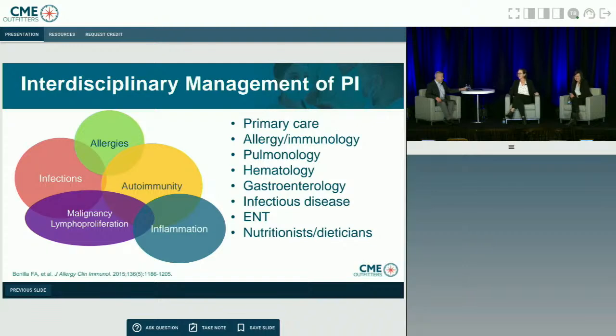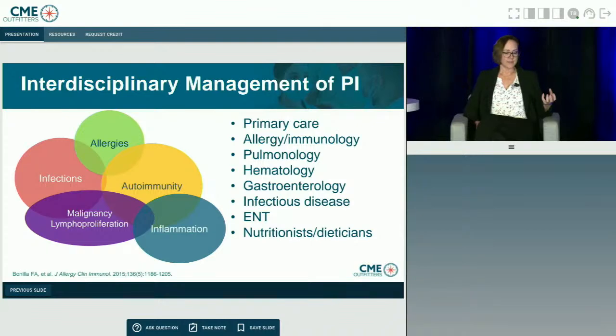Interdisciplinary management of primary immunodeficiency is key because, like I mentioned before, in 25% of cases, patients are already presenting with another diagnosis other than just their immunodeficiency. So primary care has to be a center to this. Allergy immunology, pulmonary for your recurrent infections, bronchiectasis patients, hematology for patients with cytopenias, gastroenterology for these IBD patients or celiac patients.